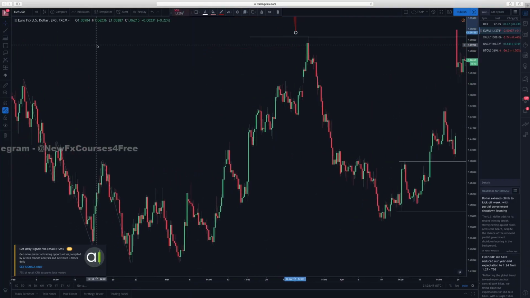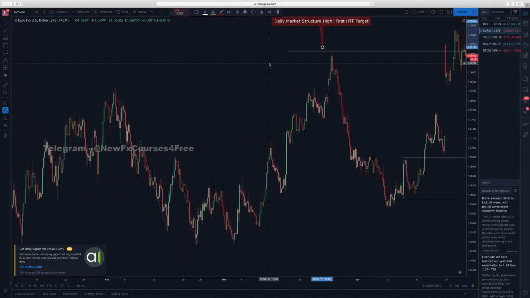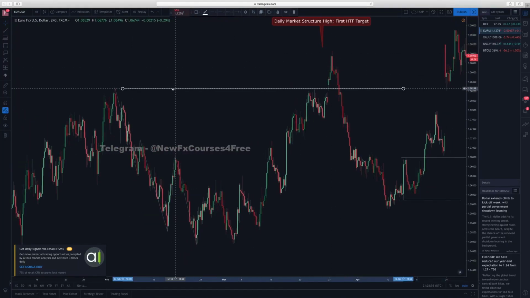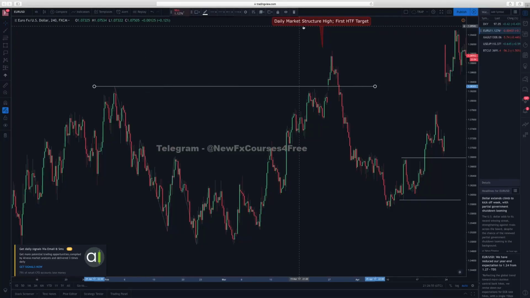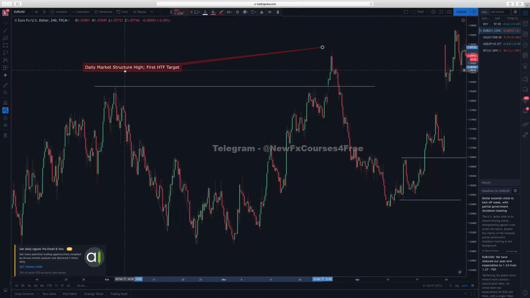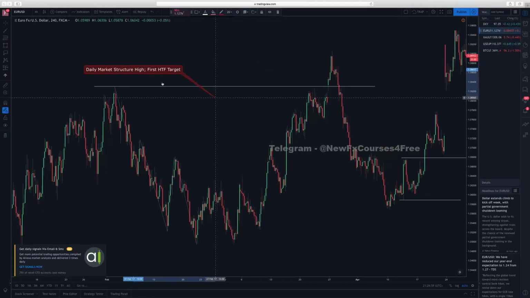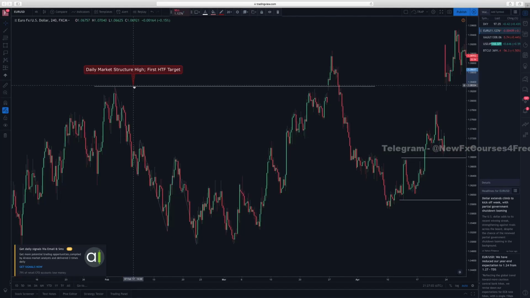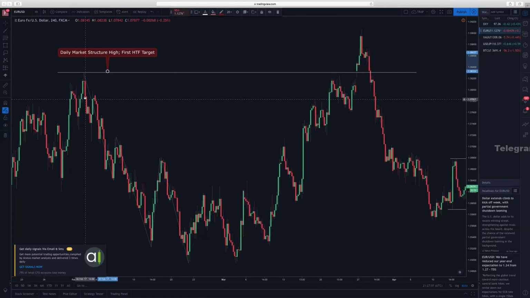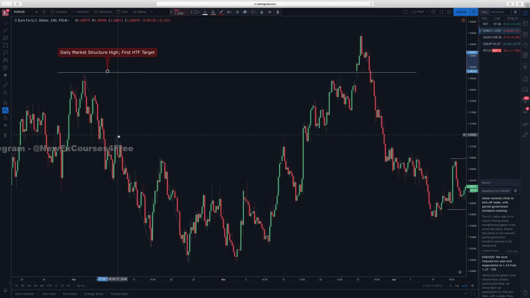But one thing I do want to point out is I just want to pull us back to this area very quickly. Right, so on this movement down, I made sure to use the most apparent and clearest price swings to mark out structure.